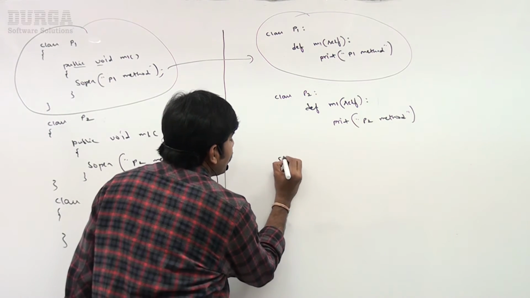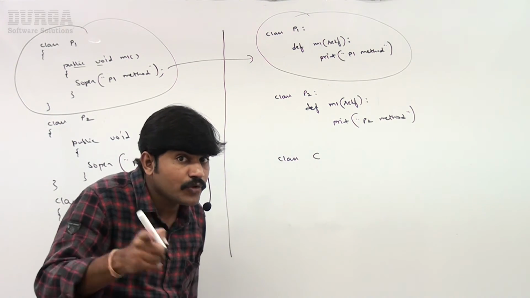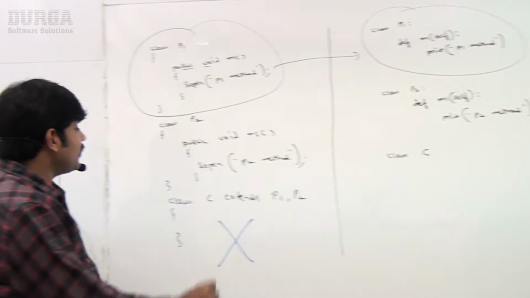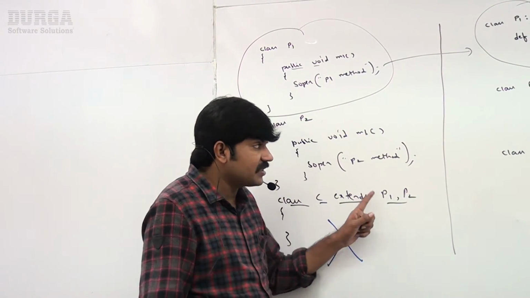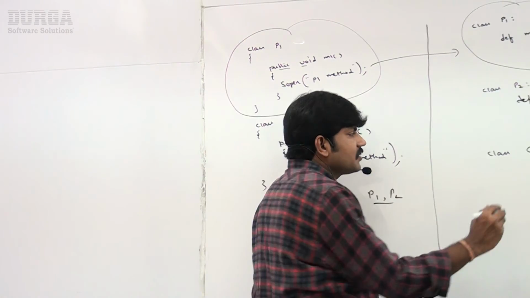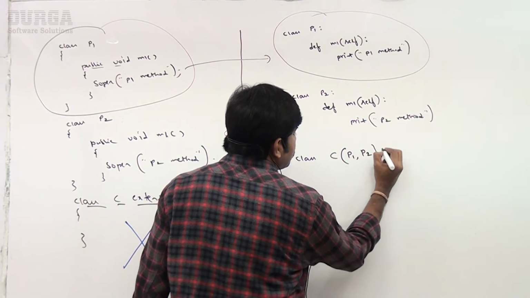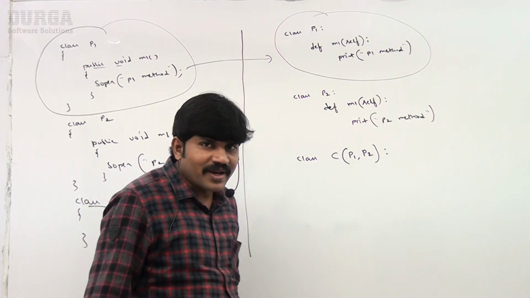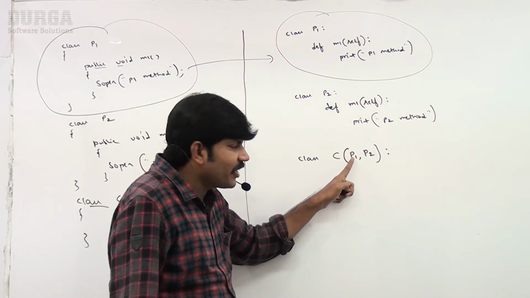Now I am ready to create the child class. Sir, how can you create a child class in Java? Class C extends P1, P2. Class C is the child of P1 and P2. In Python, within brackets you have to take the parent classes. What is the first parent I am taking?